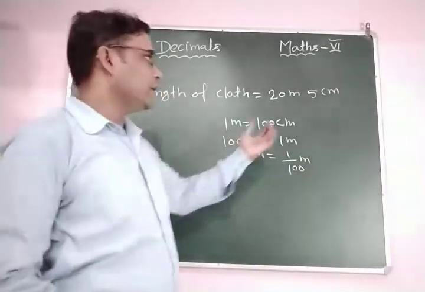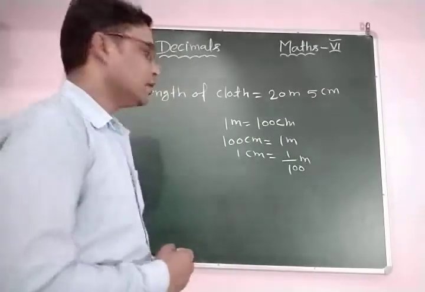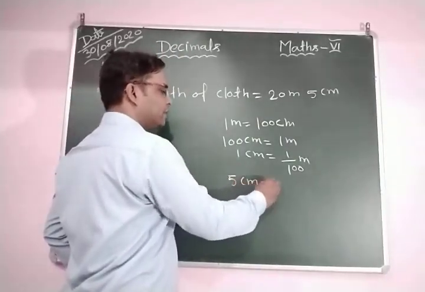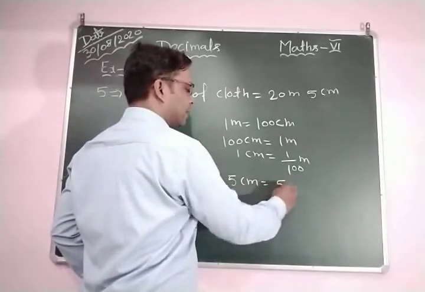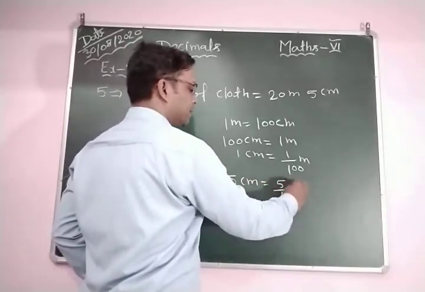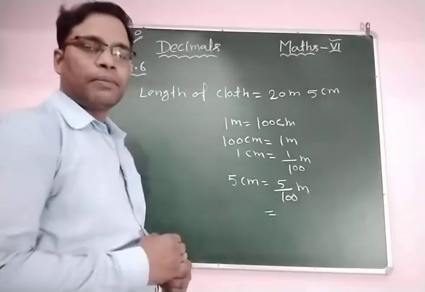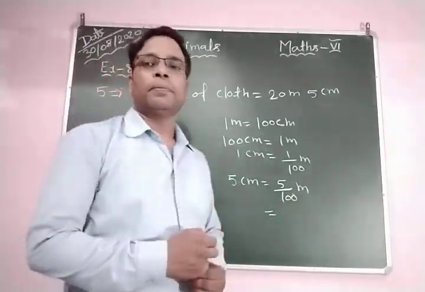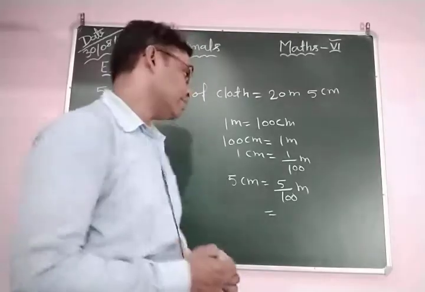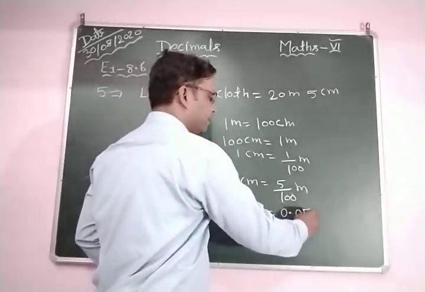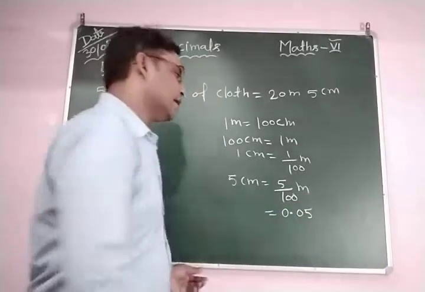So here we have 5 centimeter. So 5 centimeter is equal to 5 by 100 meter. So you can write it in decimal. 5 by 100 means 0.05 meters. This is equal to 0.05 meters. Okay.